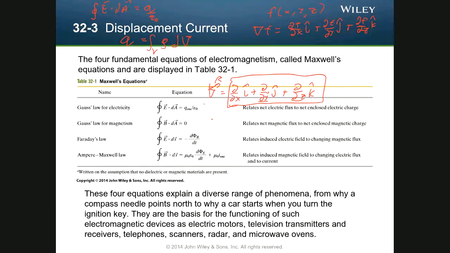Yeah, a gradient vector. That's exactly what it is. It's the gradient.